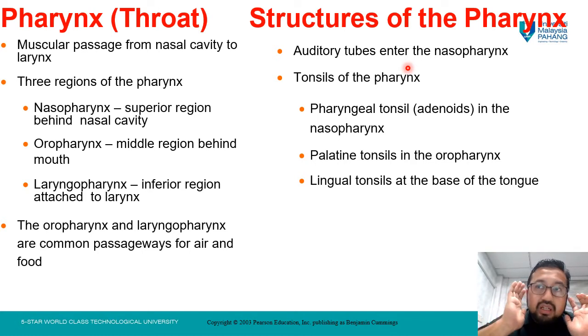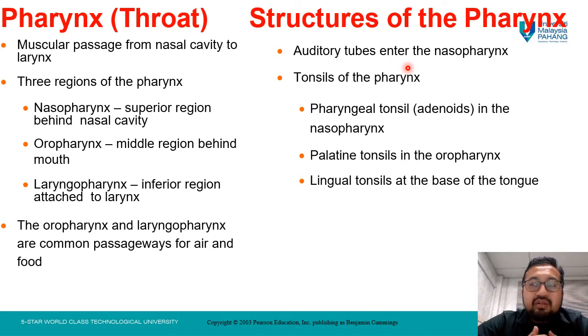So basically it will also affect our auditory tube as well, because there is connection between our auditory tube and also our nasopharynx. So that explains the feeling of some pressure disturbances inside our nasopharynx cavity.